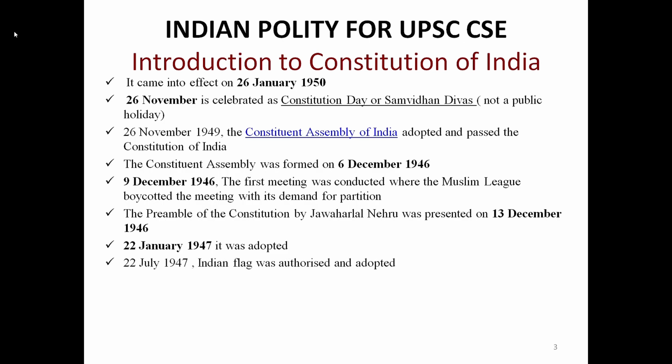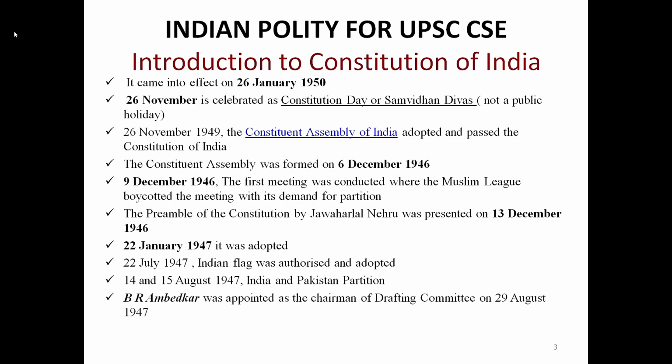Our Indian flag was officially adopted on 22nd July 1947, a month before our independence. As we all know, on 14th and 15th August 1947, India and Pakistan were divided and partition happened.